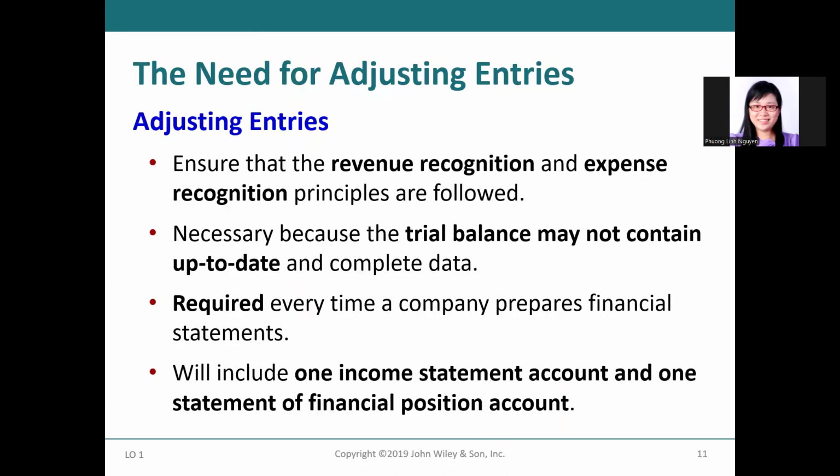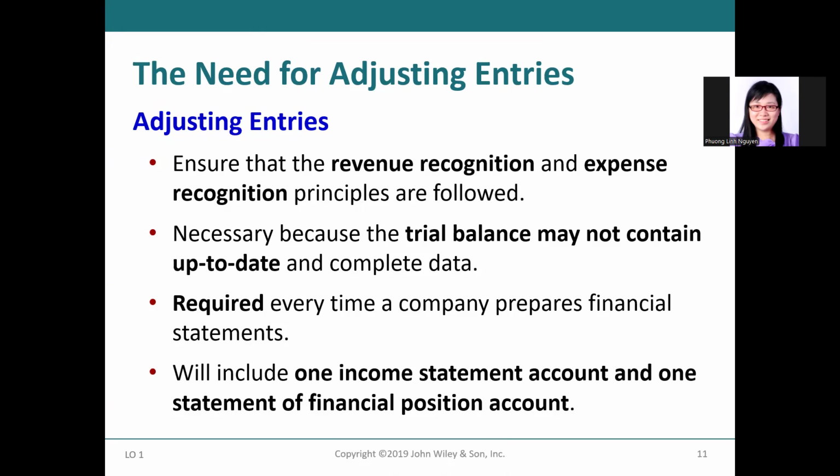Now, let's look at the adjusting entry. Why do we need to do adjusting entries? Sometimes when we record a transaction, we need to make sure that the revenue recognition and expense recognition principles are followed. Before we prepare the financial statements, we need to make sure that all the accounts are correct.